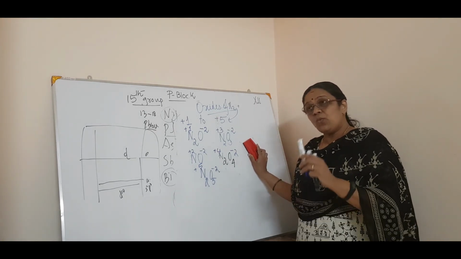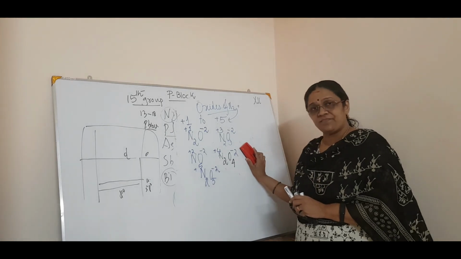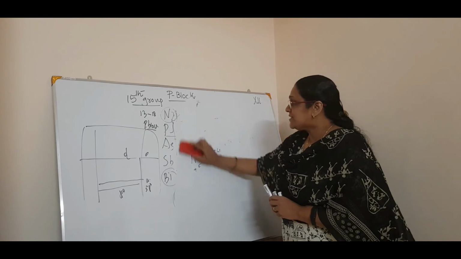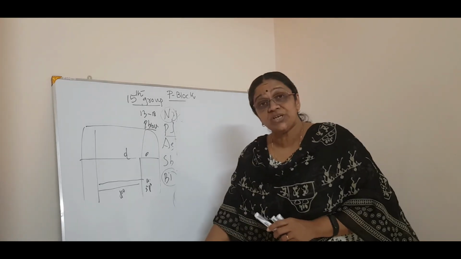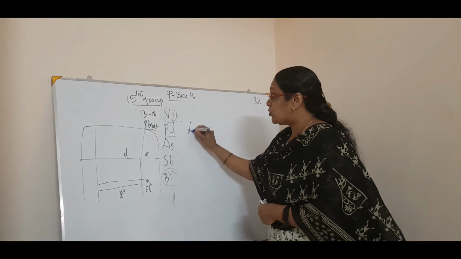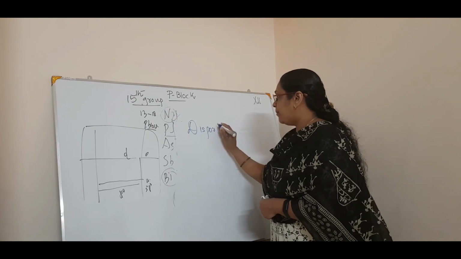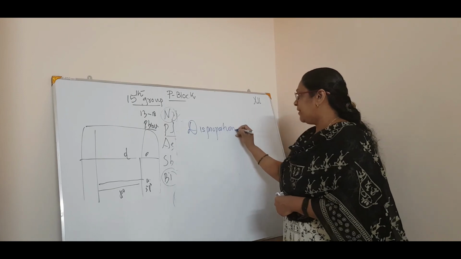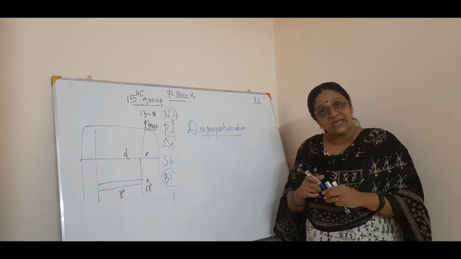Now one more very important point about the oxides of nitrogen is that they undergo disproportionation reaction. What is it? Disproportionation. It's important for you. Disproportionation reaction means that it is not proportionate.